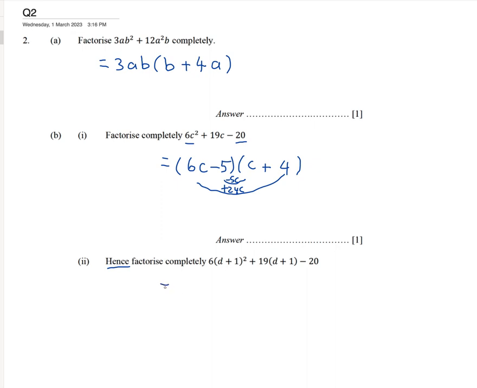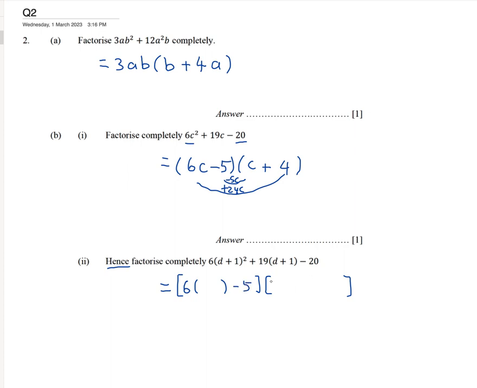Therefore, this is the same expression as before. Therefore, we have the same factors in the answer, where you have 6c minus 5. In this case, we have 6 bracket minus 5.